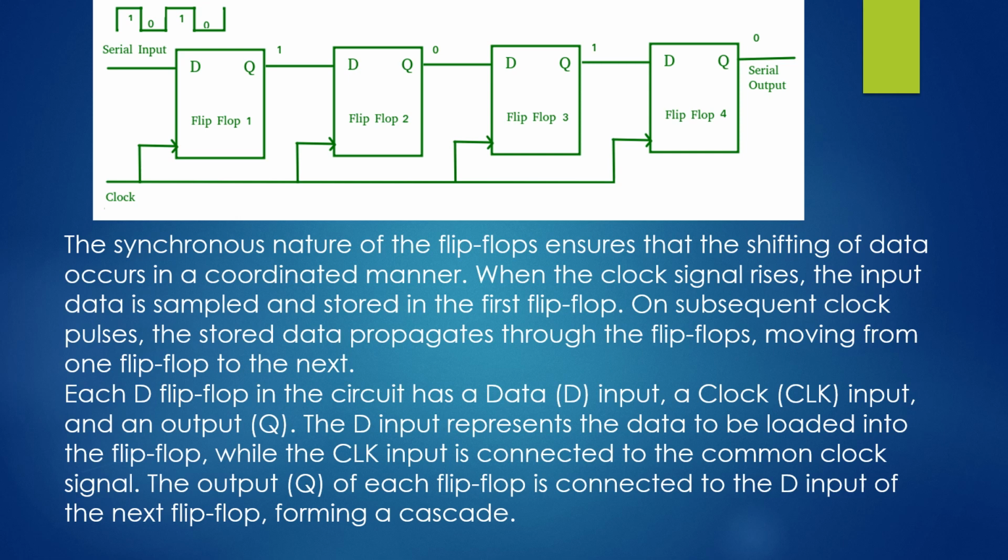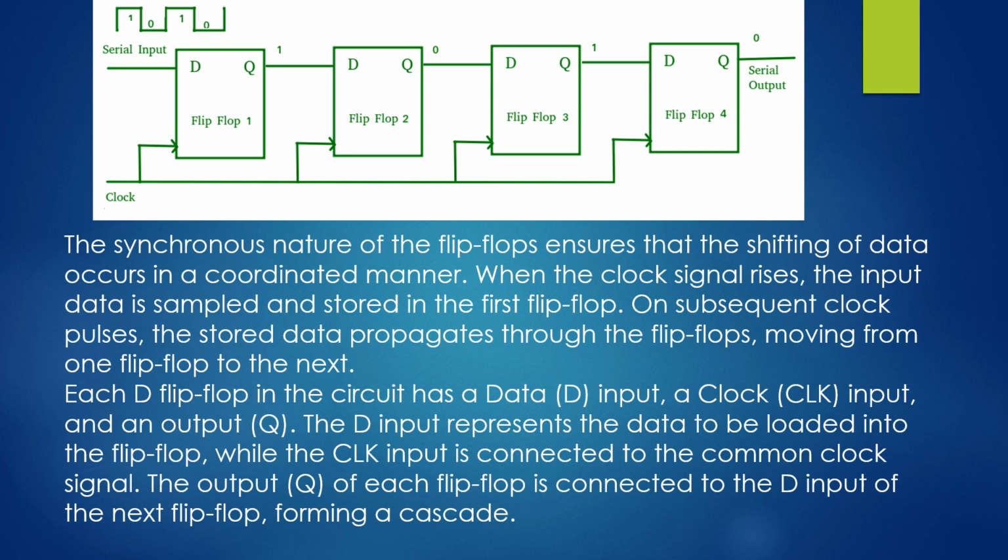Generally, serial in, serial out means we have to give the input sequentially and it will be processed one by one in a sequential manner. Only once we get the output does the serial input process the next input.